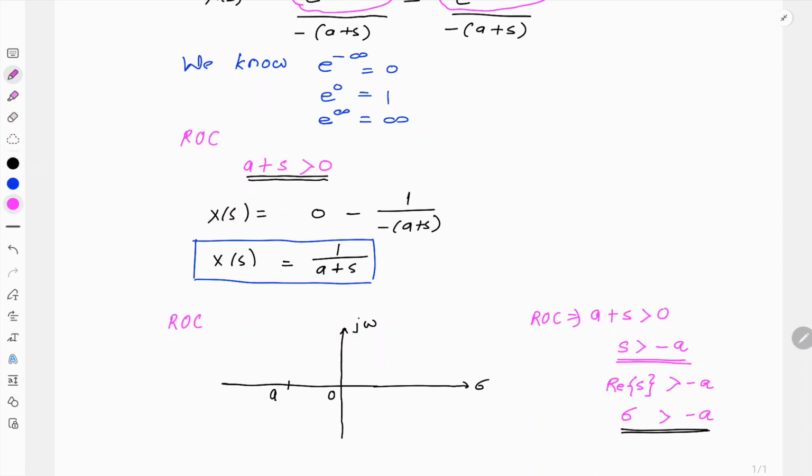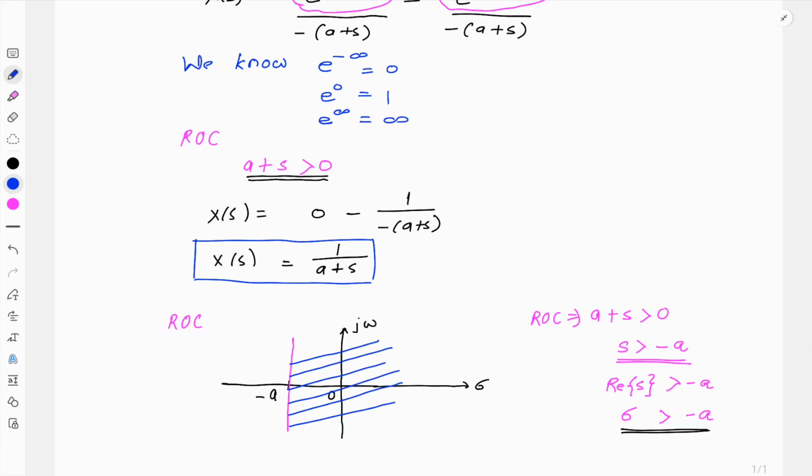So we will be drawing a perpendicular line at minus a, and the region is greater than minus a. So the region will be this part. This is the RoC for the given example.